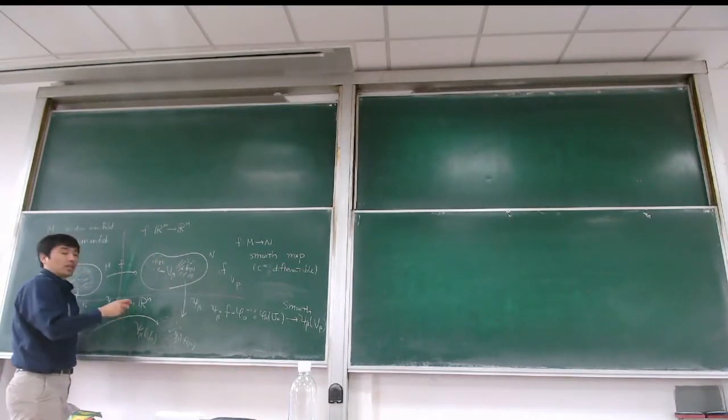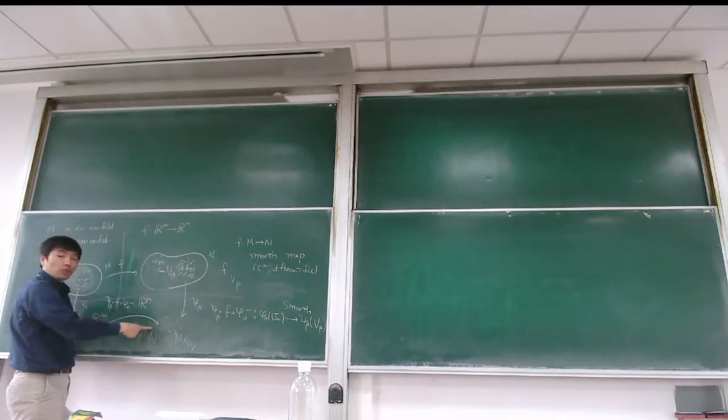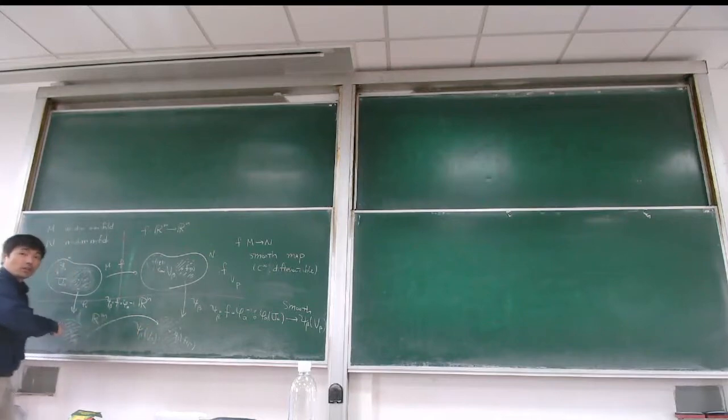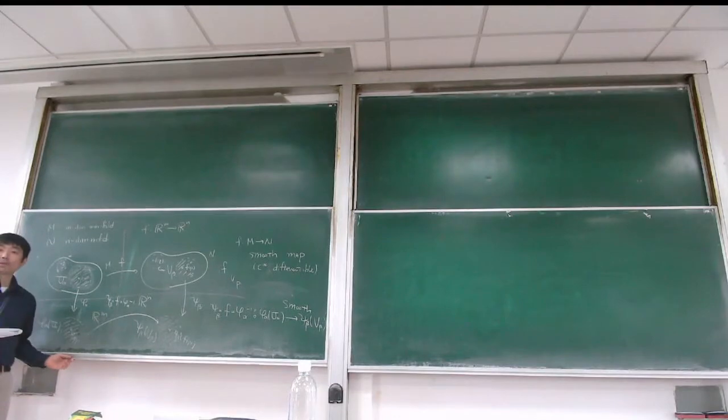And then there must be one chart that covers this point f of q. And then again, you just bring it to the Rn, and then look at the composition map. And if everything is smooth, we call f a smooth map between m and n. So we just make use of all the charts to define the map.